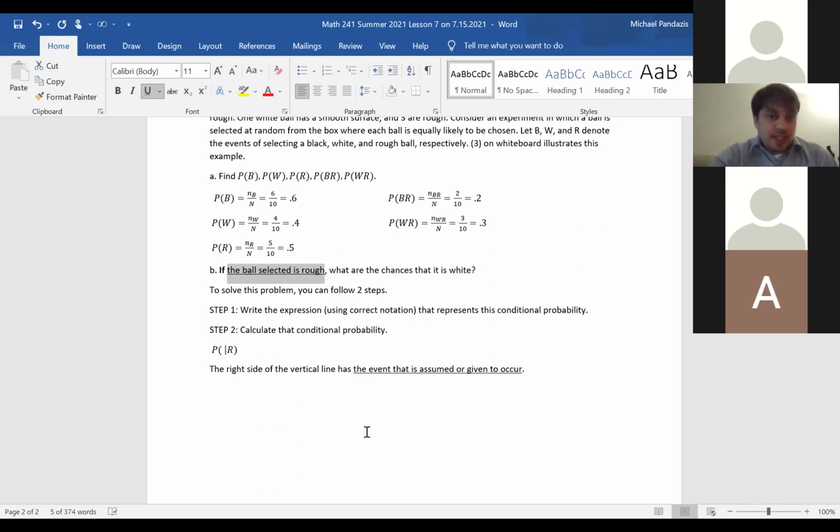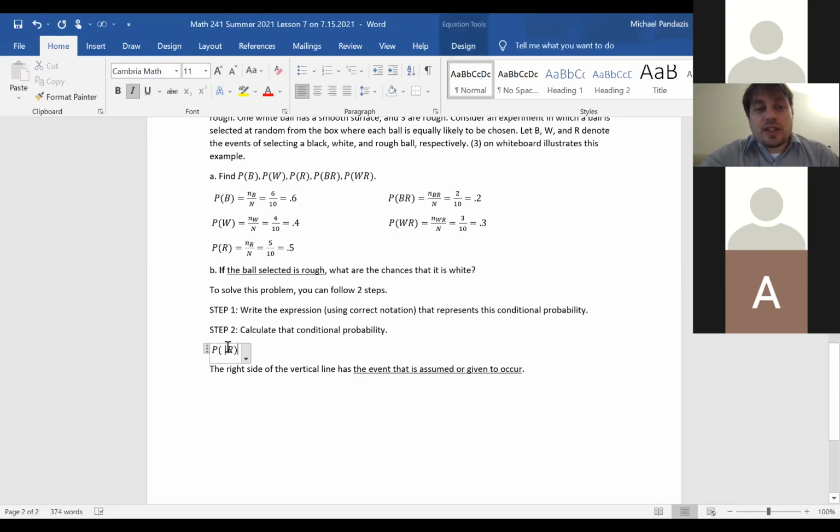Okay? So on the right side of the vertical sign in our conditional probability notation, you put the notation for the event that is assumed or given to occur. On the left side, students get confused about this.